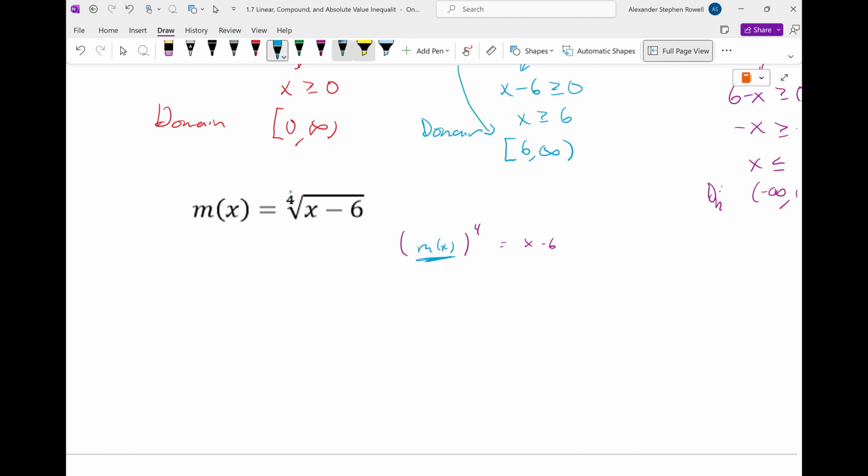So if it's an even root, that domain must be greater than or equal to 0. So just like with the square root, we set x minus 6 greater than or equal to 0, in which case x is greater than or equal to 6. So the domain of function m is equal to all the values from 6 to infinity.